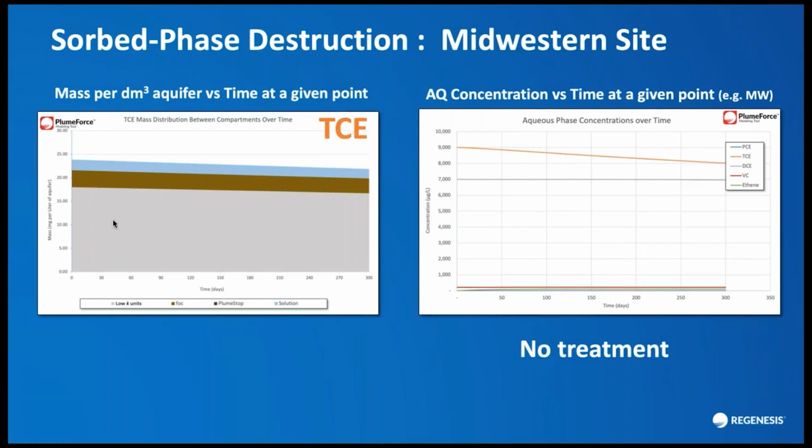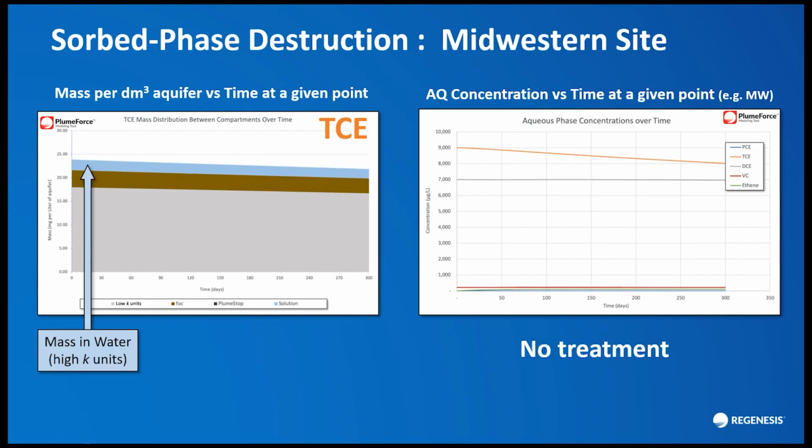The vertical axis that we have here is milligrams of contaminant per litre of aquifer material, not per litre of water. So specifically what we're looking at in blue here is the mass of TCE in the water, the groundwater phase that we can model, the high fluxing water, the high K units. In brown, we've got the TCE mass that is sorbed to the FOC that would correspond with that.